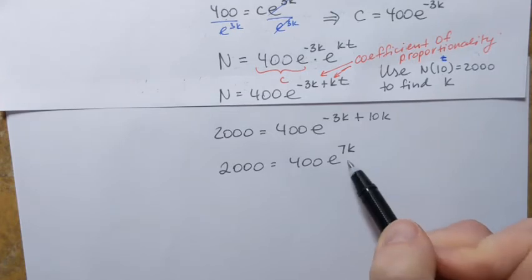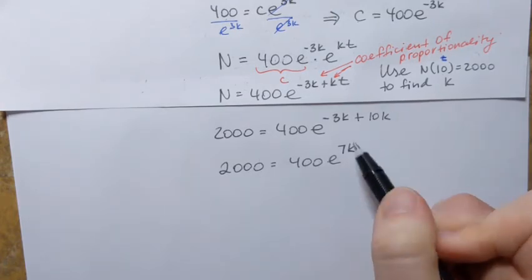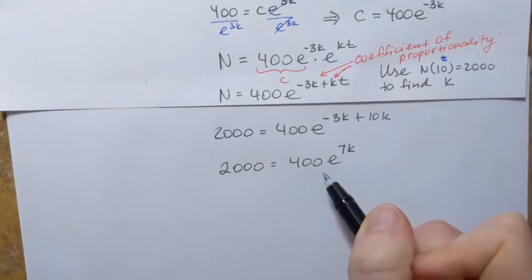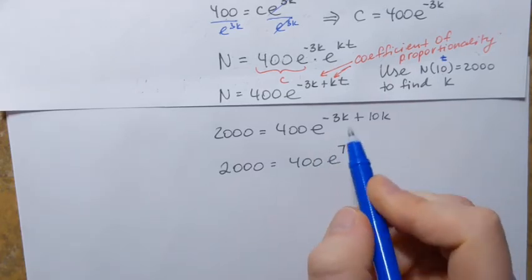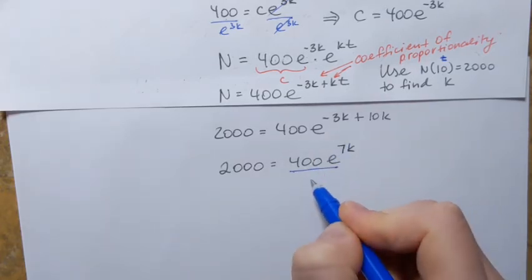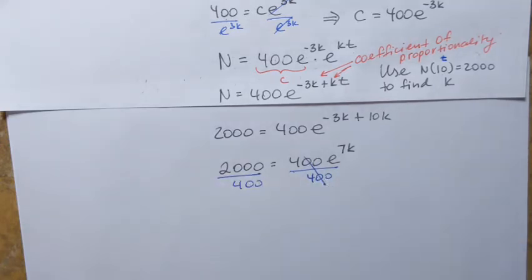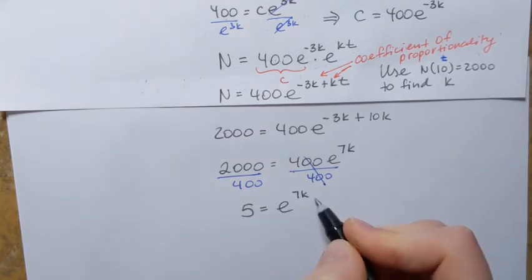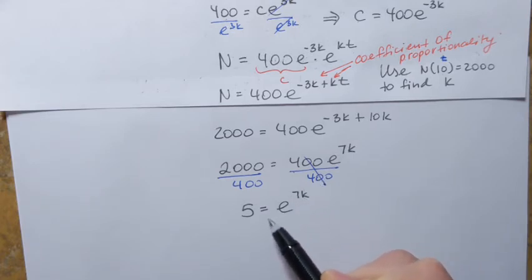And now the goal is to find k, and we have this pretty basic exponential equation, which we need to solve by first isolating the base. Remember from the algebra course, first get e with its power by itself, so divide by 400 on both sides. So 2000 divided by 400, that's 5 equals, and then the right-hand side is e to the power 7k. And next, to get hold of that k or that power, I will apply logarithms to both sides.